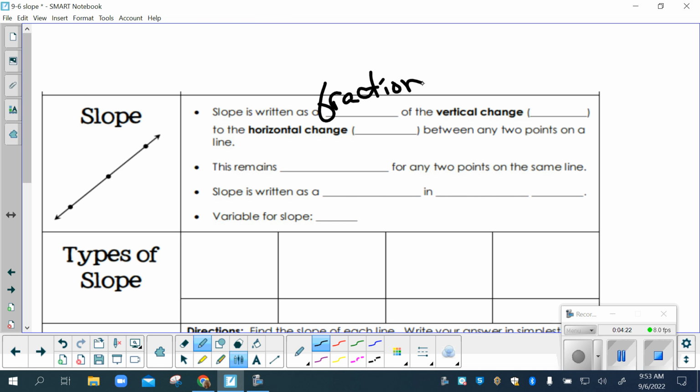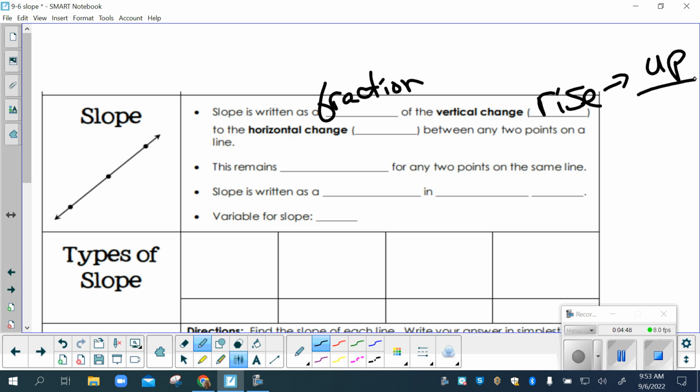And math teachers say vertical change, like that's something fancy. But then they use another word, and that word is dumb as well. You learned it as the word rise. I hate that word. I like a much easier word: up. The up goes on top. That's what goes on top of slope, the up part.